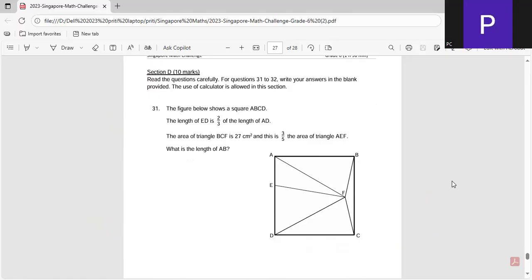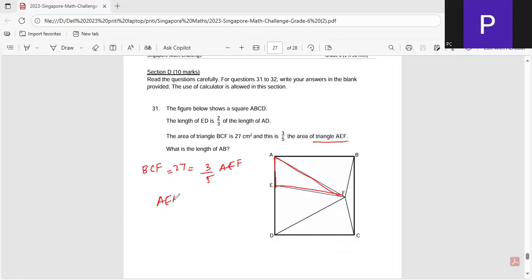Question number 31. The figure below shows a square ABCD. The length of ED is 2/3 of the length of AD. And the area of the triangle BCF is 27 centimeter square, and this is 3/5 of the area of triangle AEF. So the area of BCF is 27, which is 3/5 of AEF.